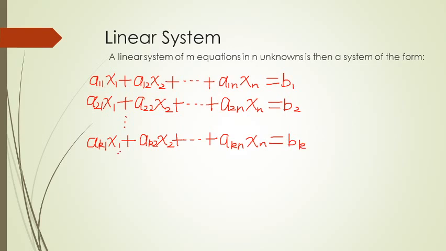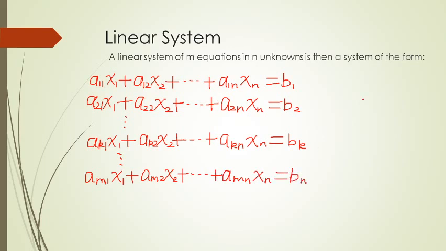And then we do have the m-th equation. So the last equation will be am1x1 plus am2x2 plus until amnxn equals bm.